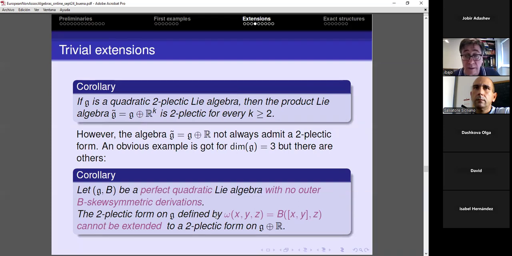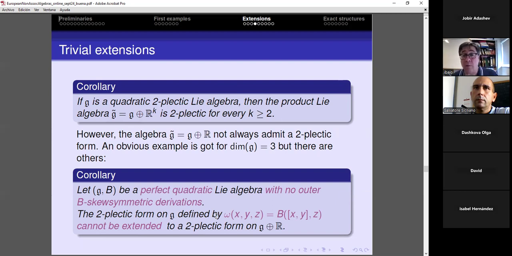And the easiest example is you take a three-dimensional Lie algebra, which is always two-plectic. You take a direct sum with R, and you get a four-dimensional Lie algebra which is never two-plectic. So that was one of the easiest counterexamples to our conditions.